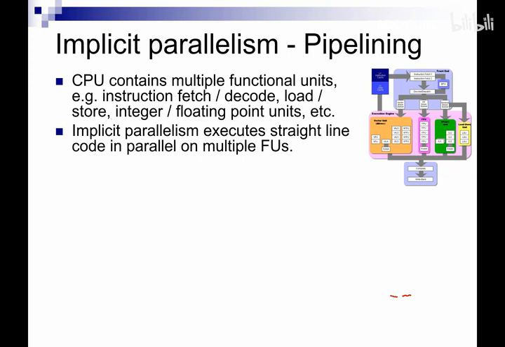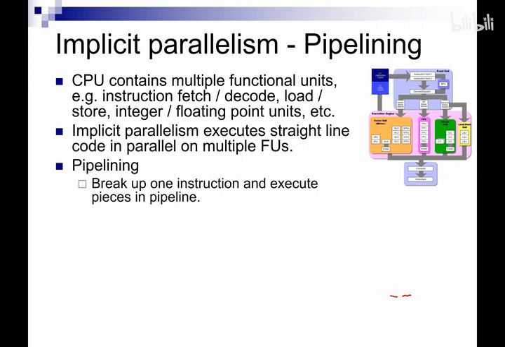All of this parallelism, so we have these multiple steps that need to be done, is implicit within just the single instruction itself. This is why this type of parallelism, where you take an instruction and break it into multiple pieces, is called implicit parallelism. And the way we use implicit parallelism to improve performance is through a process called pipelining.